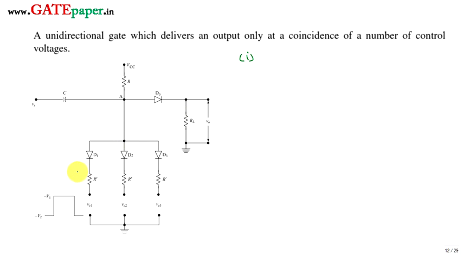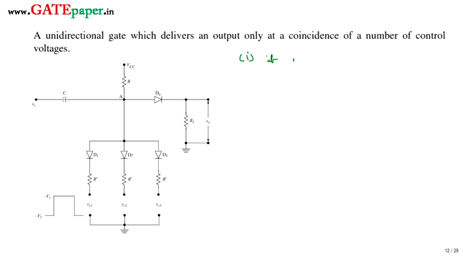Let us assume all the diodes D1, D2, D3 are reverse biased. Then they are acting as open circuits. When they are acting as open circuits, point A is independent of control signals.